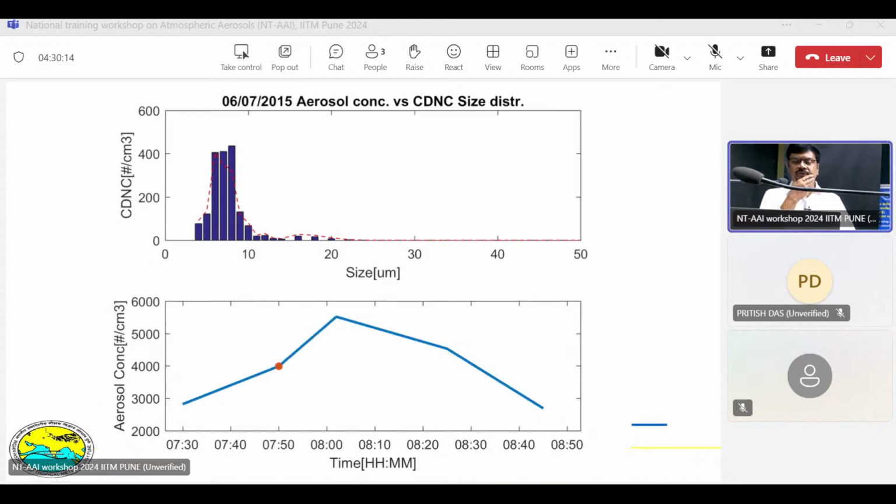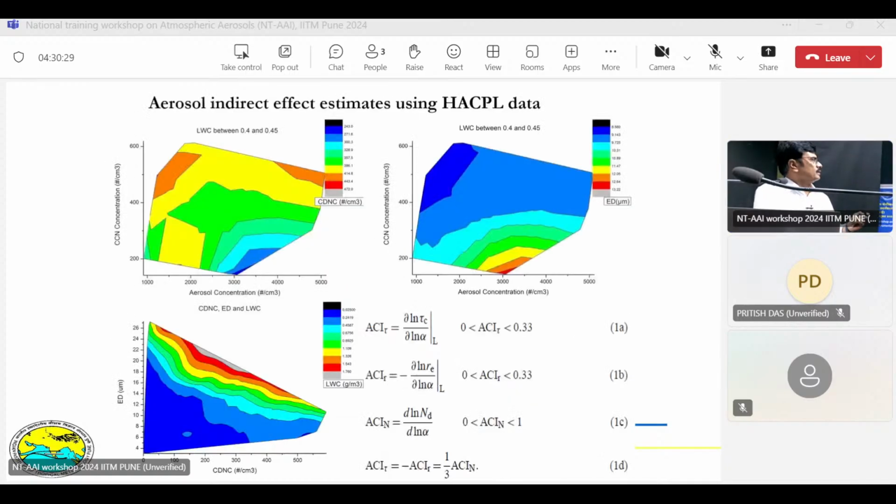Now, suppose you want to understand the aerosol cloud interactions. You are trying to see simultaneously, you are measuring the aerosol concentration and cloud droplet number concentration, how it varies with time. Okay, so this will give you an idea. You can estimate the aerosol cloud interactions. So what you see here, aerosol cloud interactions, it is relative changes. Let us leave this equation, so you can see from here.